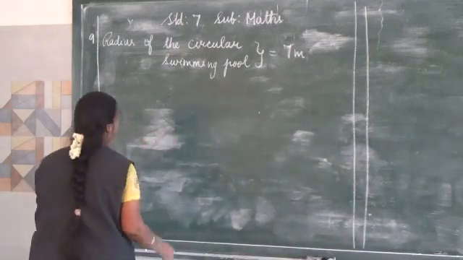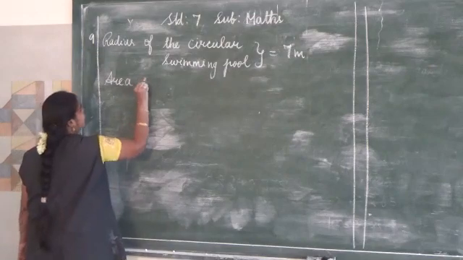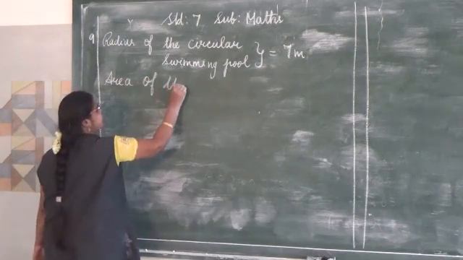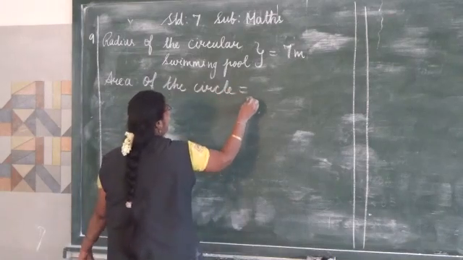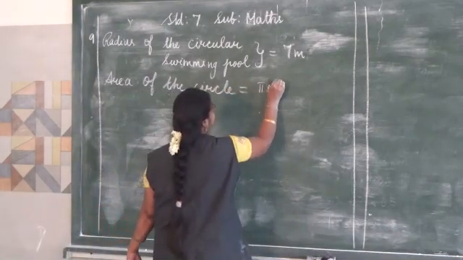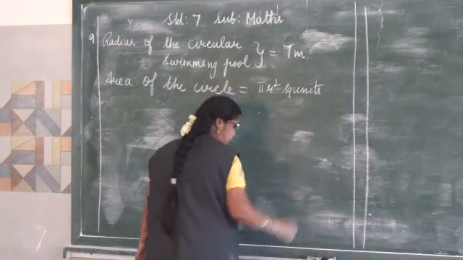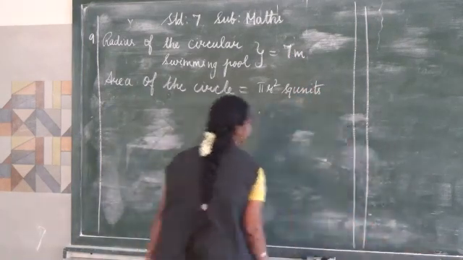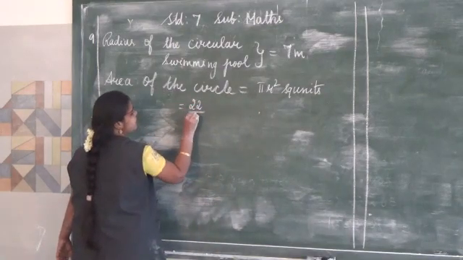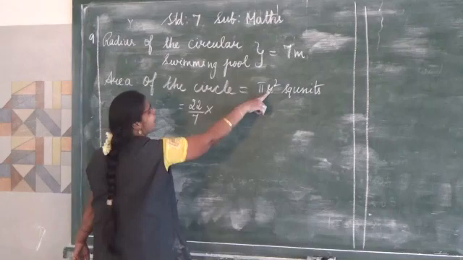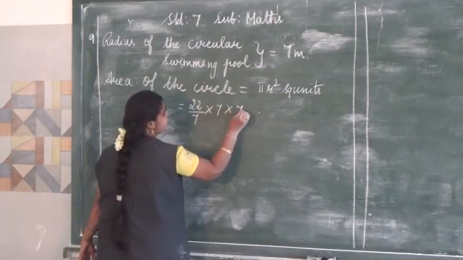We know that the formula for the area of the circle is equal to pi r square units. The value of pi is 22 by 7, so 22 by 7 into the value of r, which is 7 into 7.